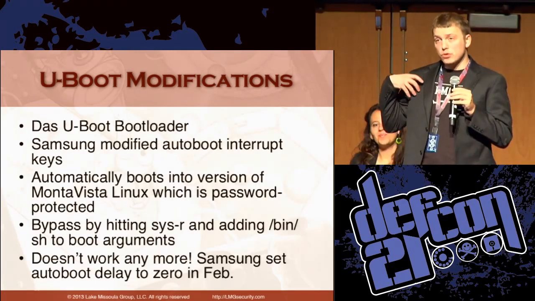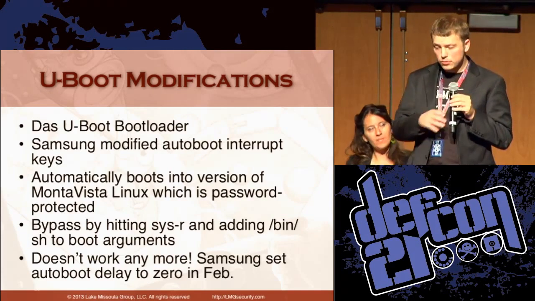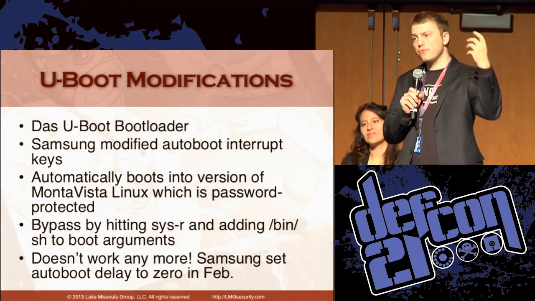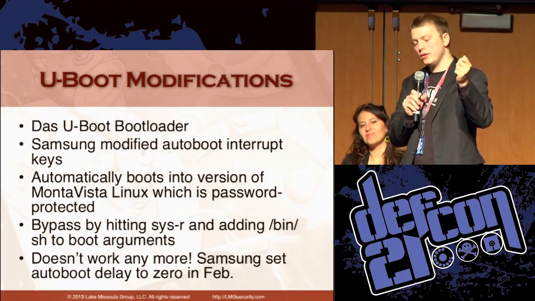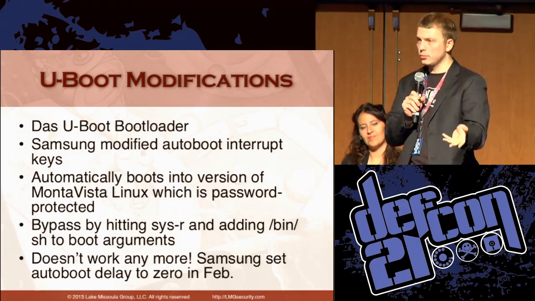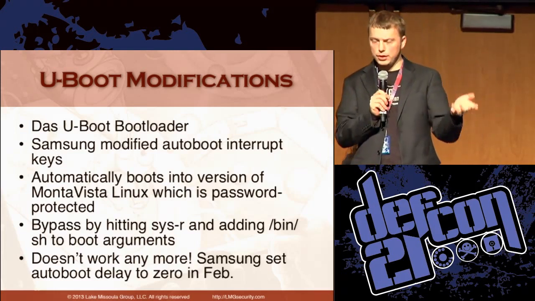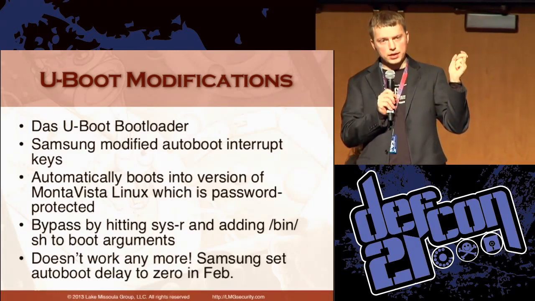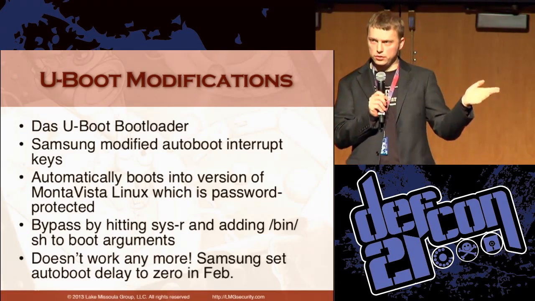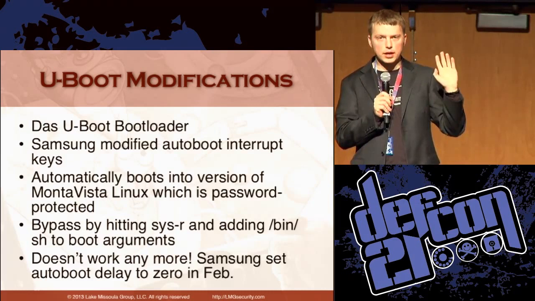So as soon as we got console access, we find their first layer on here of the stack is a U-Boot bootloader. Samsung's done a little bit to modify the U-Boot bootloader. They have published their source code since it's GPL licensed. You can go to their website and download it.